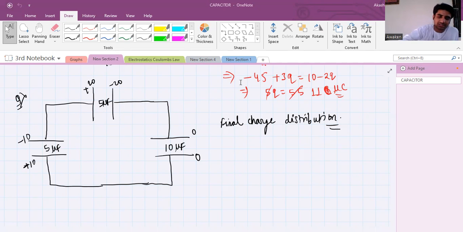First write the final charges. I mean, after Q has flowed, tell me the charges, then proceed ahead. Don't feel shy. Tell me quickly so that we can solve more questions. Have you written the charges after Q has flowed?